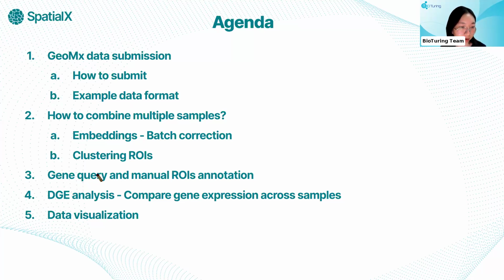Then we can go over how to query for genes, visualize those genes on certain ROIs, and perform some ROI annotation. Lastly, we can go over how to perform differential gene expression analysis. And at the end, I'll also show you how to export some of these charts that you are producing from SpatialX into BioVinci, which is our other platform for customizing these visualizations for scientific publication.